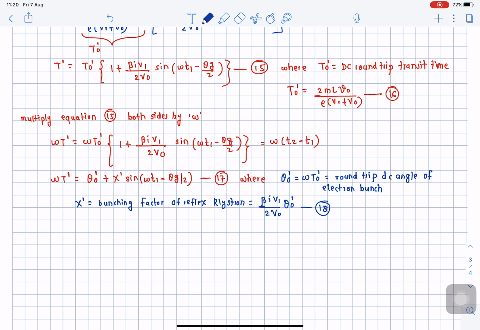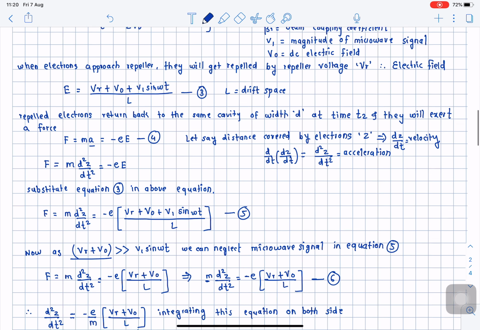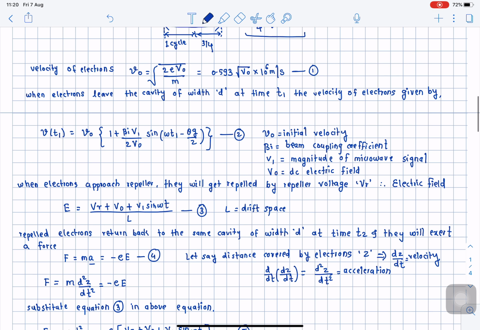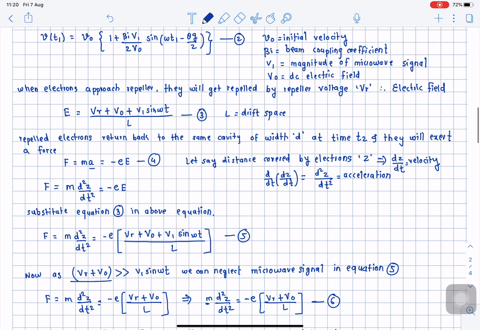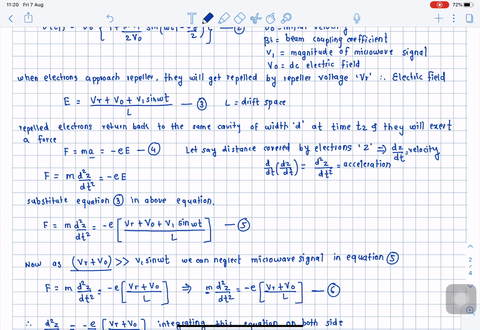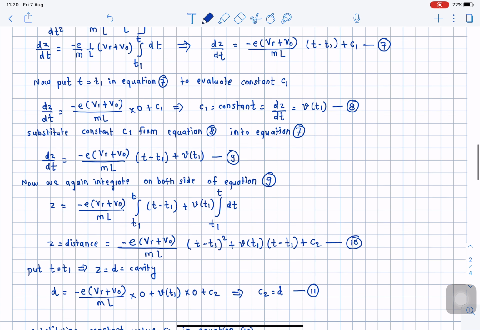So this derivation is very clear to you. We started with the original velocity of electrons, and we took the help of the velocity modulation equation. Then we wrote down the equation for the total electric field, and from that we established an equation for the force exerted by the repelled electron back on the cavity, and from that we calculated the distance.